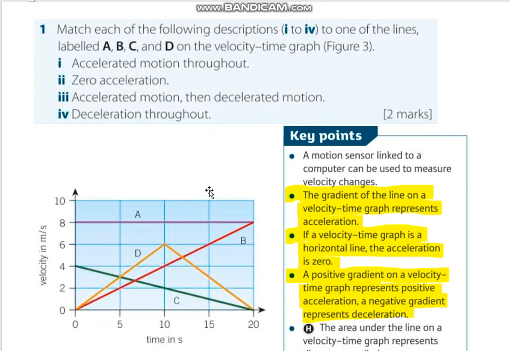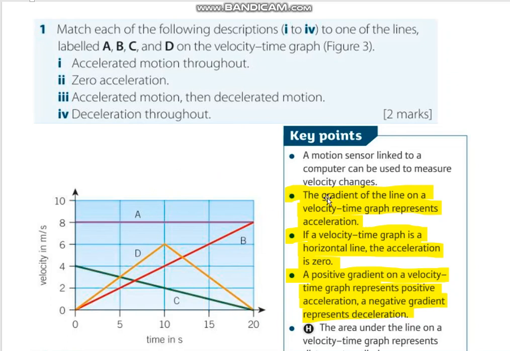So question 1, match each of the following descriptions 1 to 4 to one of the lines labelled A, B, C and D on the velocity time graph, which is figure 3. So 1, accelerated motion throughout. So we're looking for a line on this graph which shows acceleration from the beginning to the end of the time.